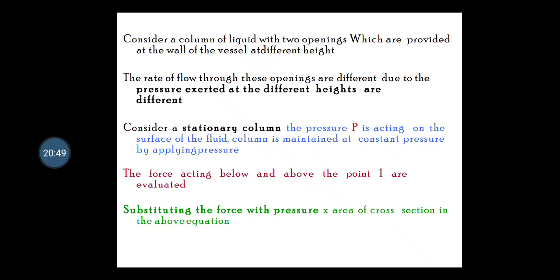We'll have to consider this parameter first of all, that is, in the case of a stationary column, the pressure P is acting on the surface of the fluid, and the column is maintained at constant pressure. The force acting below and above the point 1 we have evaluated already.